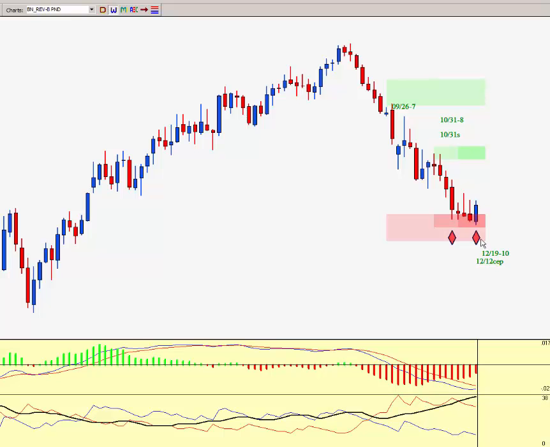Okay, so with that said, another thing that I wanted to point out here is down here. This is a simple MACD. Parameters are pretty standard. Down here we have the DMI, also known as the ADX, and they are starting to come together here. And when you start seeing something like this where they come together, they did it back in the major bottom last time.